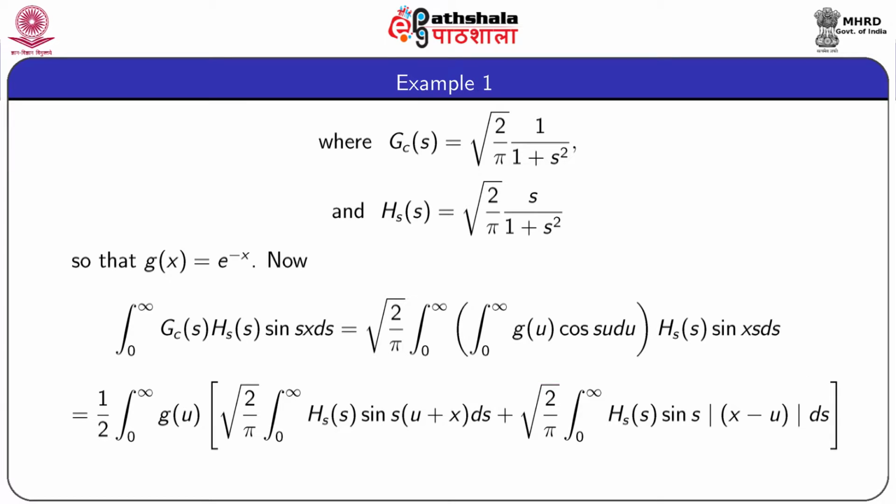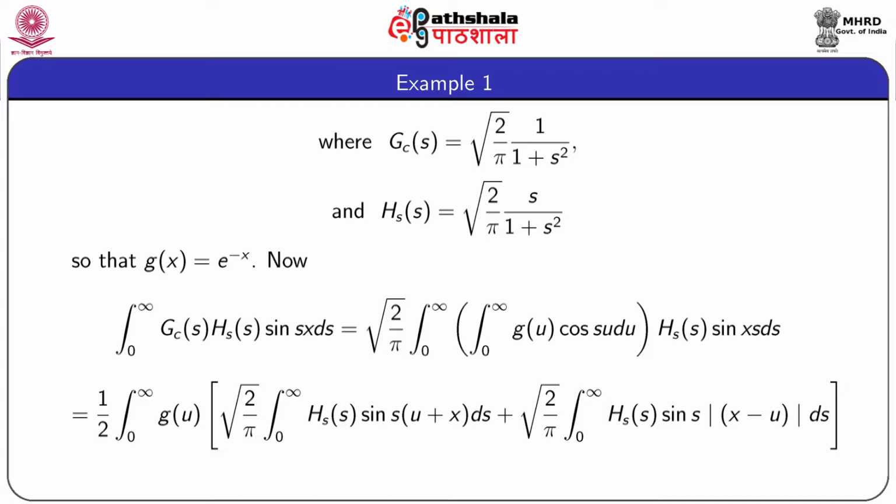Now, we interchange the integrals. In this step, the u integral was the inner integral and the s integral was the outer integral. Now, we interchange the integration. So, we now get the outer integral as the u integral and the inner integral as the s integral.